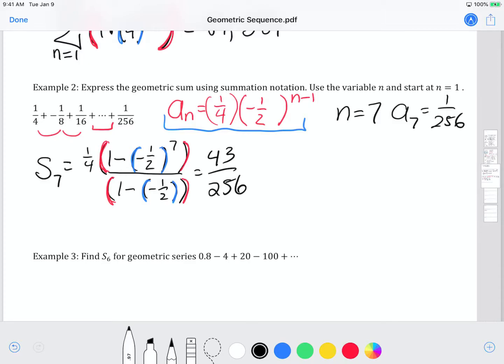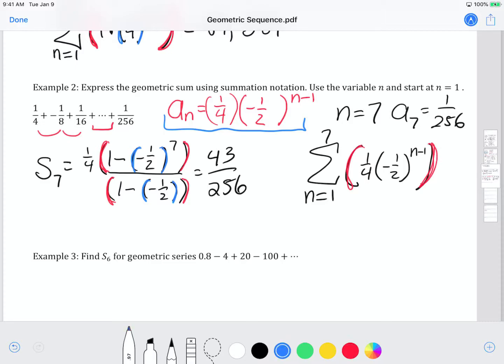Now, if we do this using summation notation, we want to go from 1 to 7. We want to put in our general form or our nth term so it can generate each term and add it up. So my first term is 1/4. Then I have r, which is -1/2 to the power of n minus 1. Making sure that we put both sets of parentheses in there.